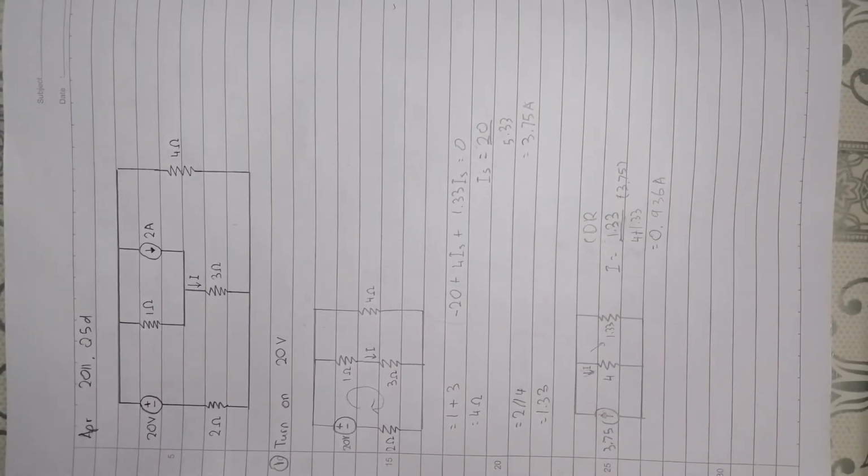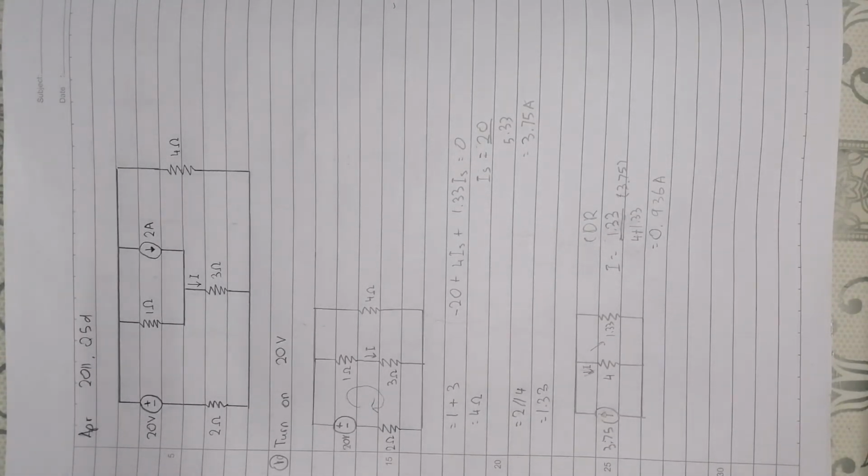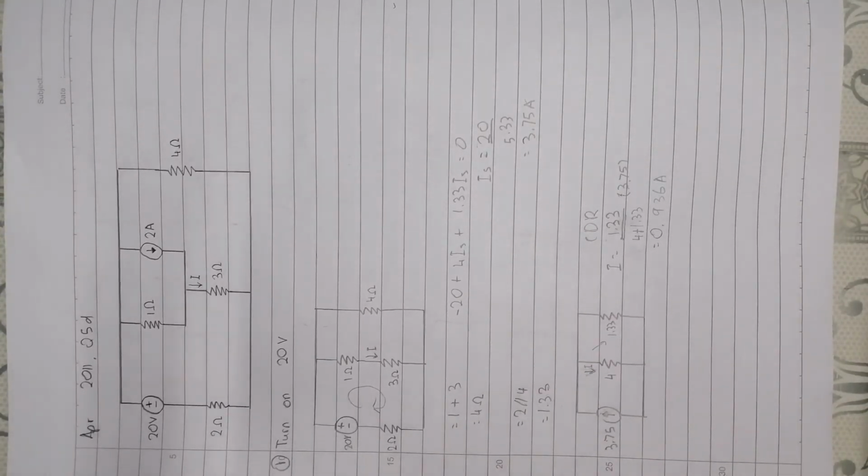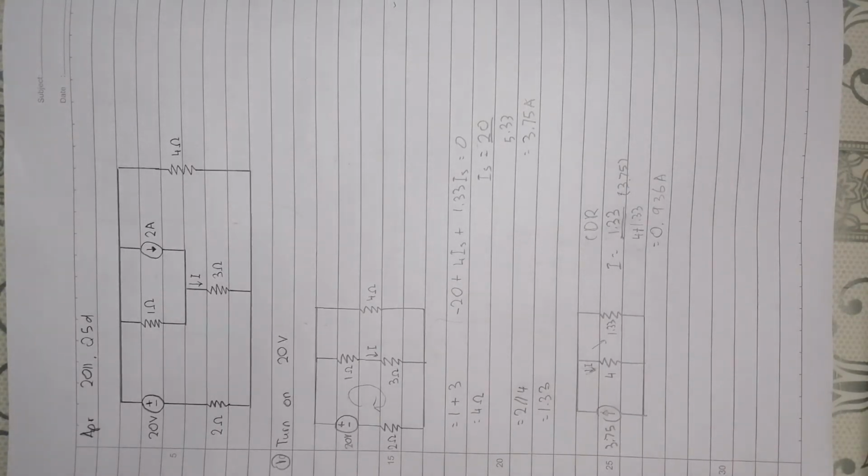Now we will move on to the second question, April 2011, question 5D. The question is, calculate the current I shown in figure question 5D by using superposition theorem. So basically, superposition theorem is used when in one circuit there are many sources, for example voltage source or current source.